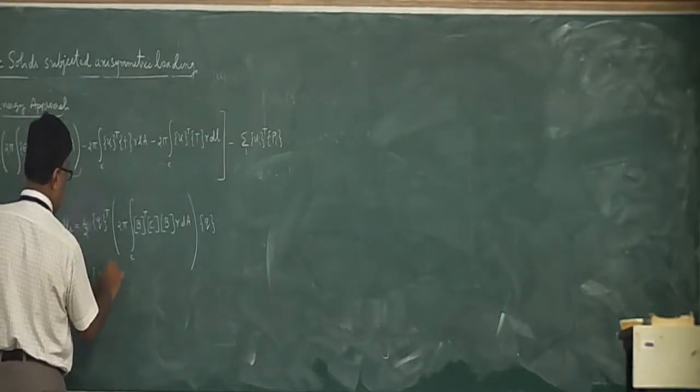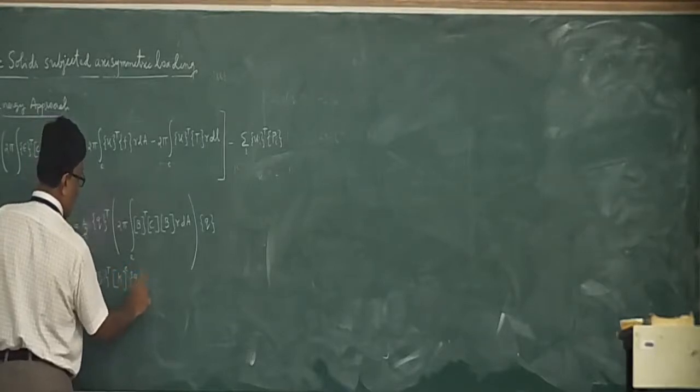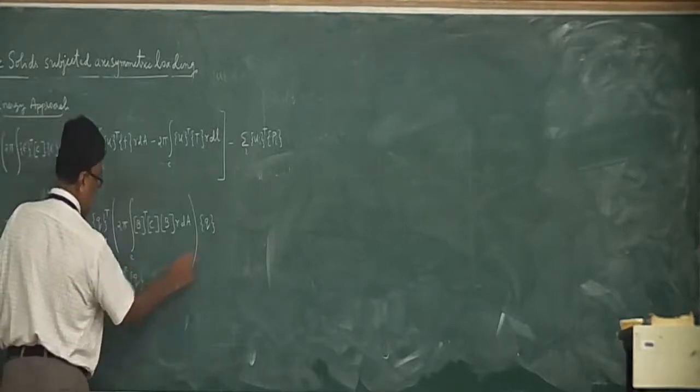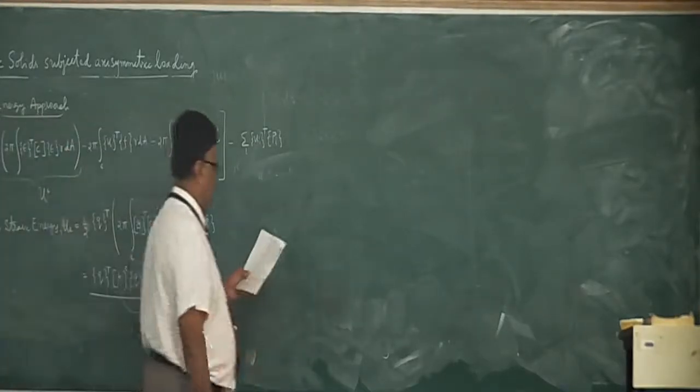What is this? Q transpose element stiffness matrix into Q. So the meaning is, whatever is there in this bracket, this is representing the element stiffness matrix. So if we know how to integrate this equation, I can find that out.